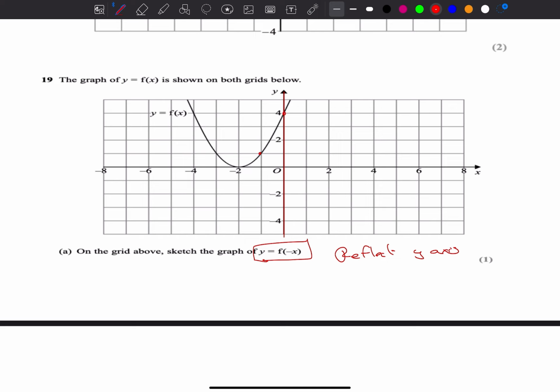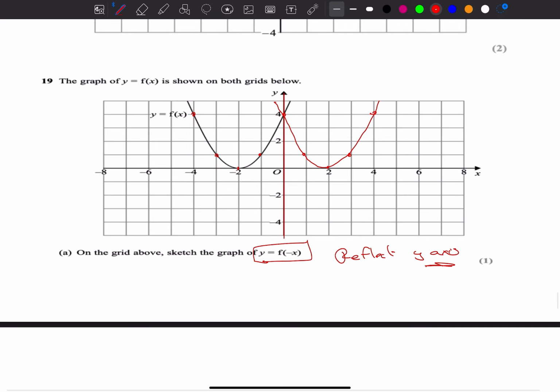That point is here, this point goes here, that point goes there. It's tricky to get diagrams. There you go. Just do a reflection in the y-axis, and that's your y-axis.